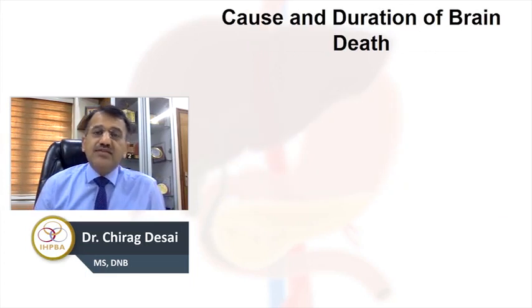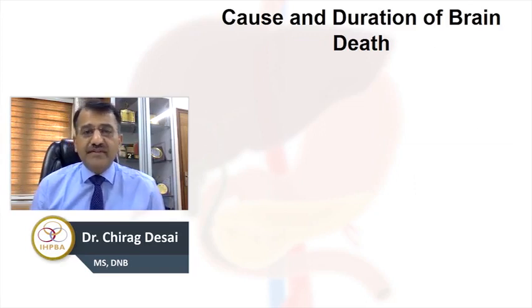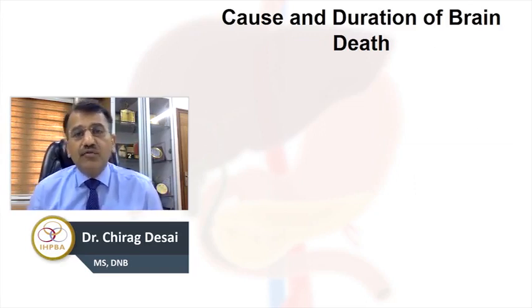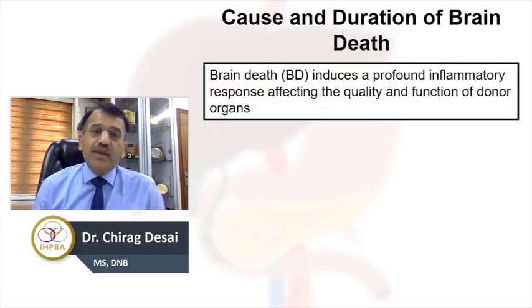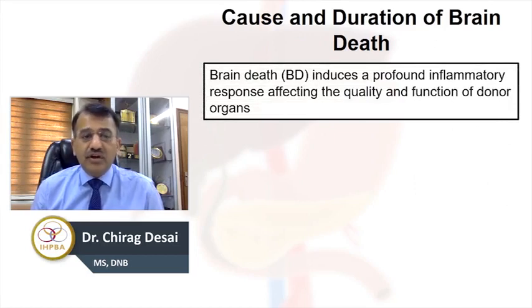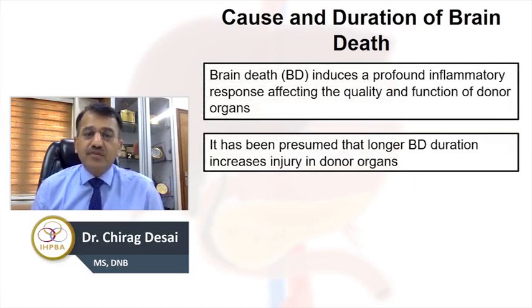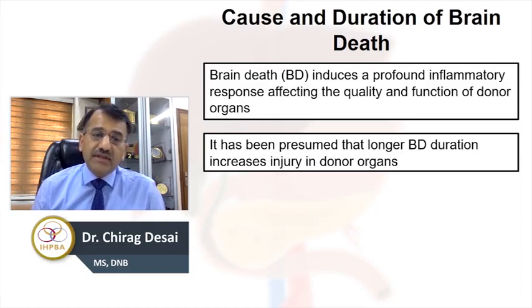The next consideration is how the cause and the duration of brain death affect the liver and how they influence the decision to accept or reject the donor liver. Brain death induces a profound inflammatory response affecting the quality and function of the donor organs, and it has been presumed that a longer brain death duration increases injury to the donor organs.